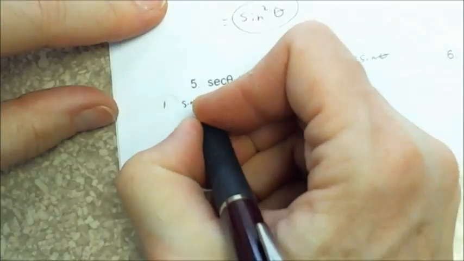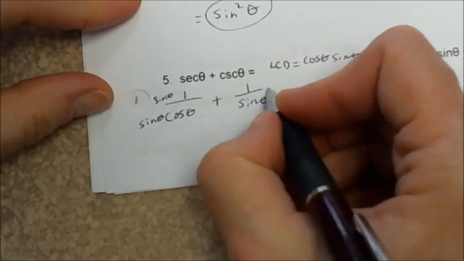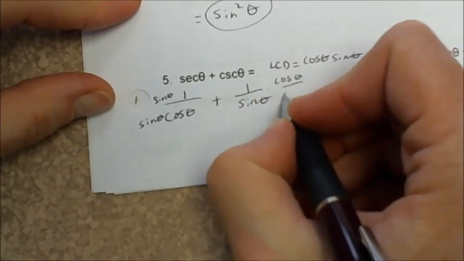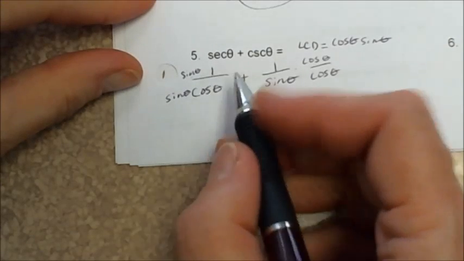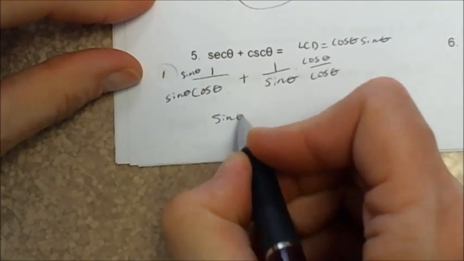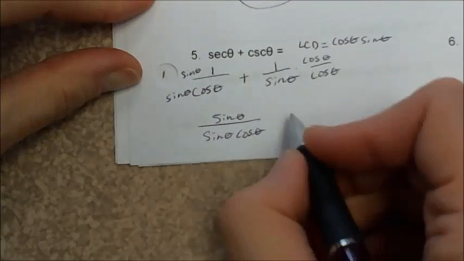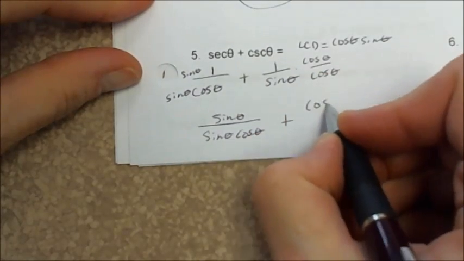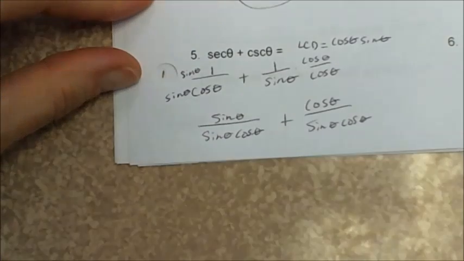So we're going to multiply this by sine over sine. We're going to multiply this by cosine over cosine to get an LCD. And what we have is sine times 1, which is sine, over sine cosine, the LCD. 1 times cosine is cosine over sine cosine.